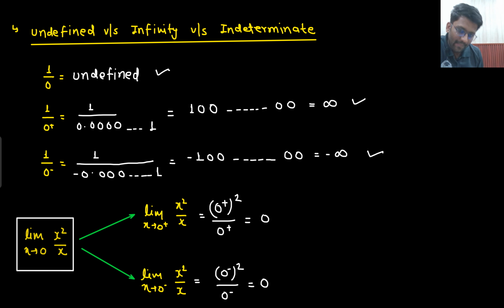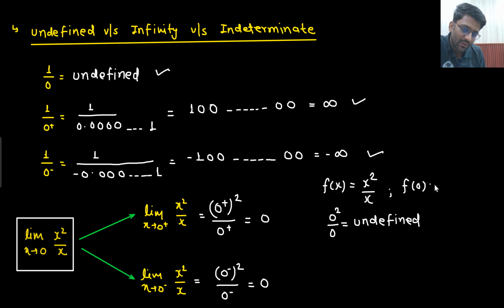That means 0 by 0 is undefined for me. What do you mean by 0 by 0? It means exact 0 divided by exact 0. f(x) was x square by x. If I am finding the value of f(0), that means exactly 0 I am putting, that means 0 square by 0.